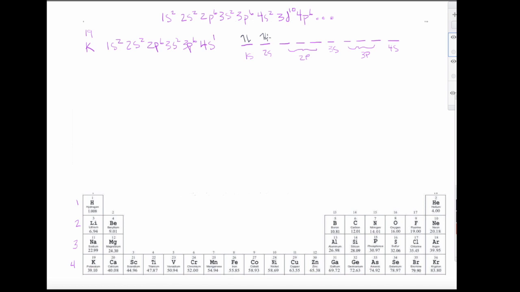All right, and then when we put the electrons in, use some kind of arrow, either a half arrow or a straight-on arrow. But remember that due to the Pauli exclusion principle, which says no 2 electrons can have the same 4 quantum numbers, the arrows where the electrons are paired up have to be pointed in opposite directions. This acknowledges the fact that the electrons are operating as magnets.